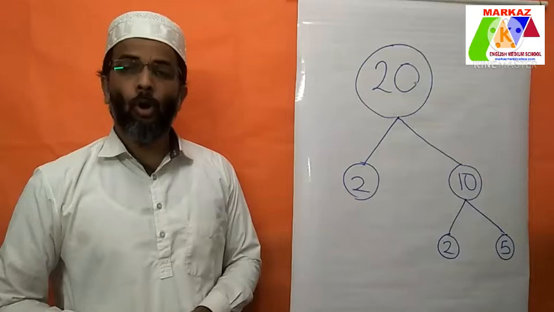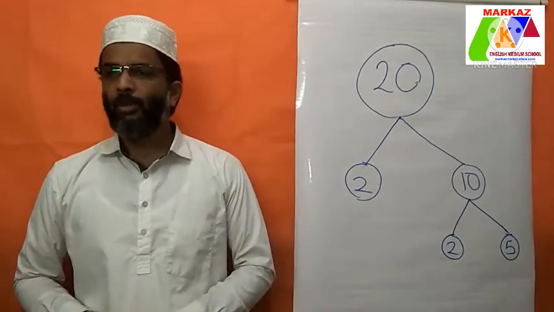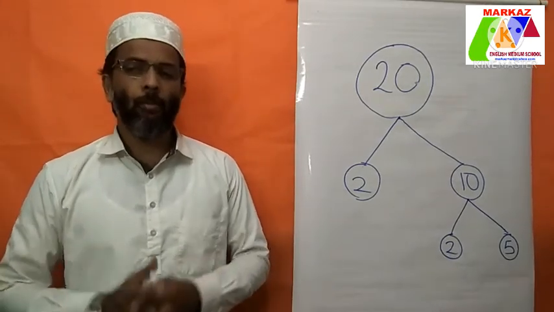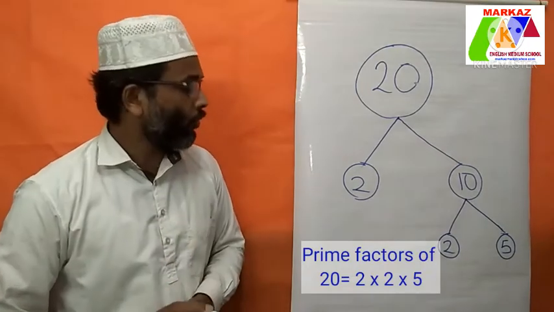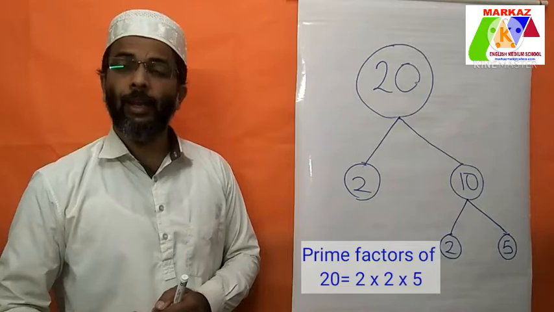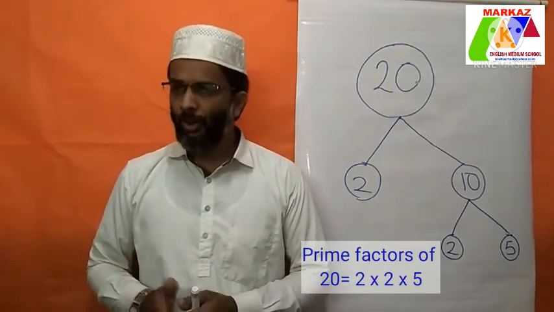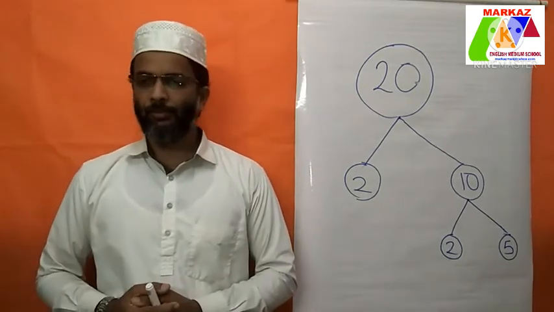Here, both 2 and 5 are prime numbers, so we will stop here because there are no composite numbers. Factors of 20 are 1, 2, 5, 10 and 20. I hope you have understood how 20 is split using the factor tree method.